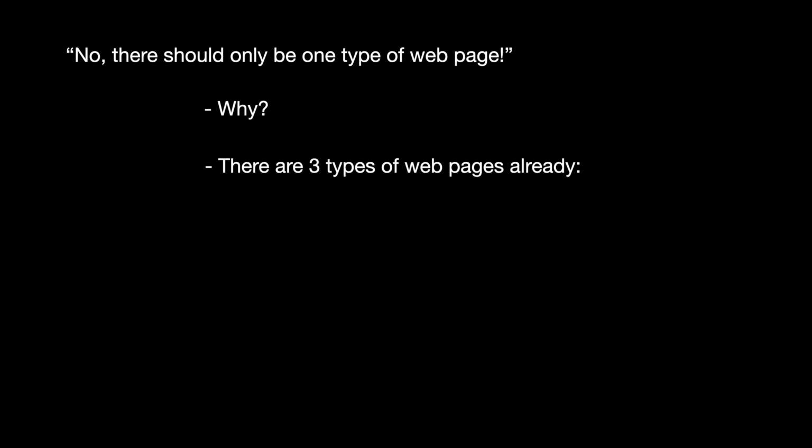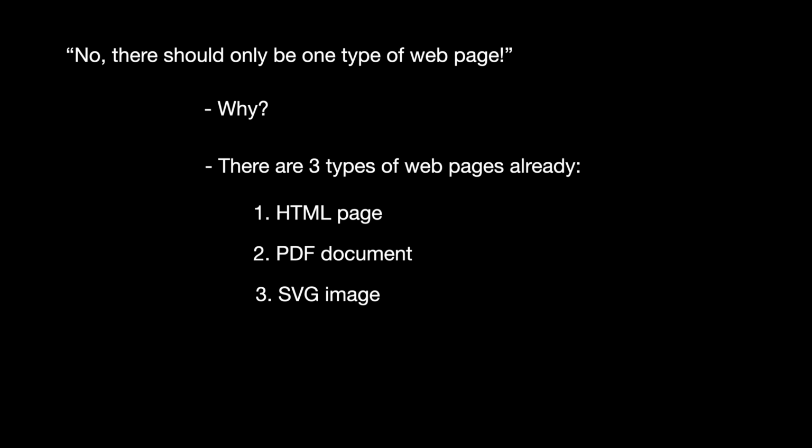In fact, you could argue that we already have multiple types of web pages. It depends on how you define a web page. If we say that a web page is any document that can be viewed in a browser and can contain clickable links, then there are at least three types. The first is a regular HTML page. The second is a PDF document. The third is an SVG image.